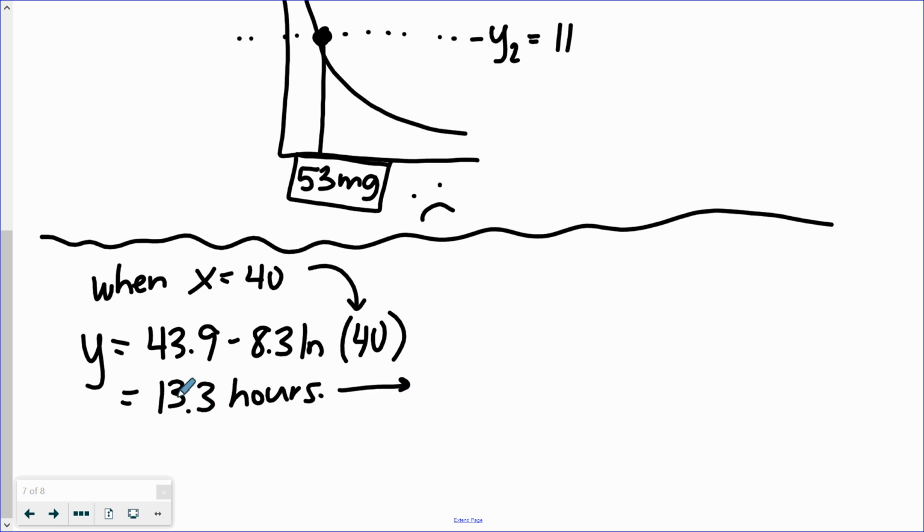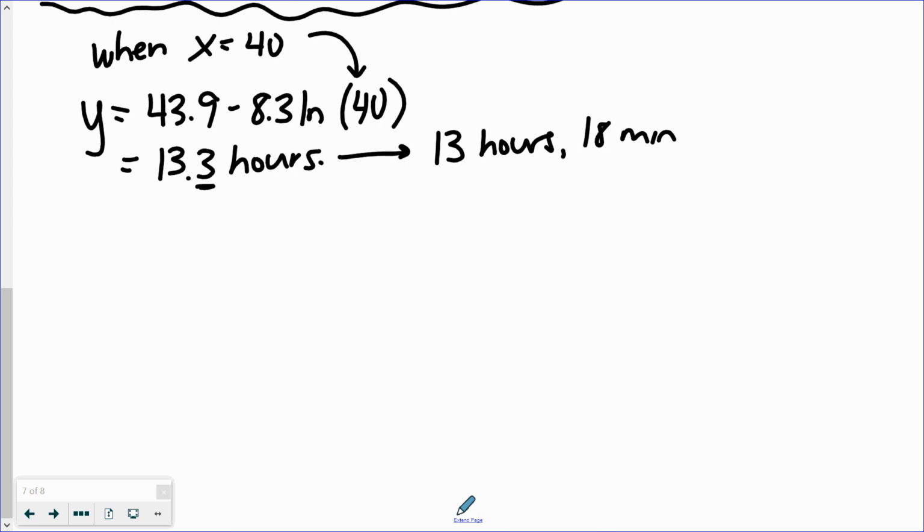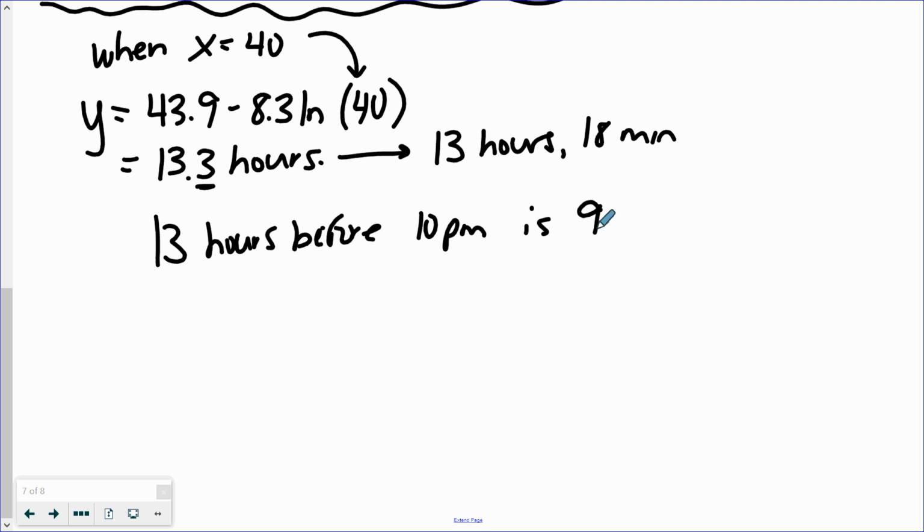And I'm going to be so technical. 13.3 hours is not 13 hours and 30 minutes. 0.3 of an hour is 18 minutes, because 0.5 of an hour would be 30 minutes. So 13 hours before 10 p.m., because it says she wants to go to bed at 10 p.m., is 9 o'clock a.m. And that's 13 hours before.